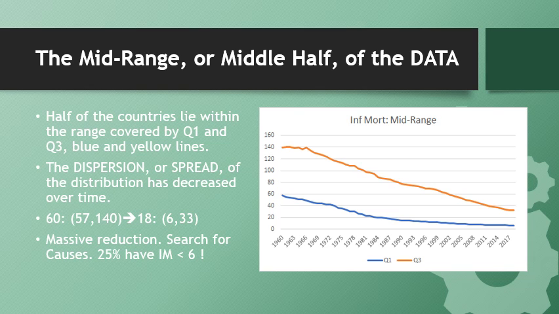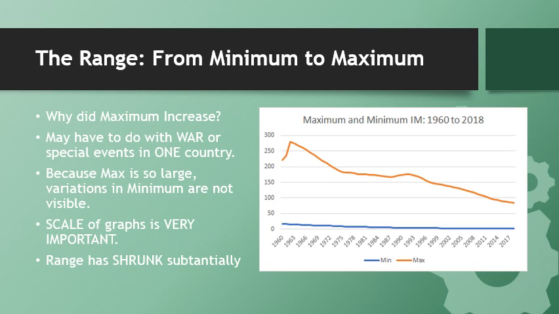So you can see that on the average across all the countries, there has been a massive reduction in infant mortality. And 25% of countries today have infant mortality less than 6, and 50% are between 6 and 33, which are fairly decent numbers. That is for Q1, Q2, and Q3, the middle three quartiles.